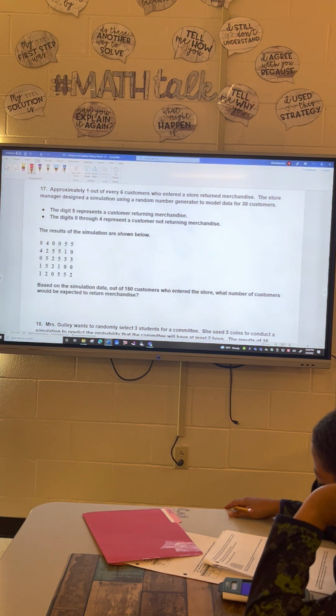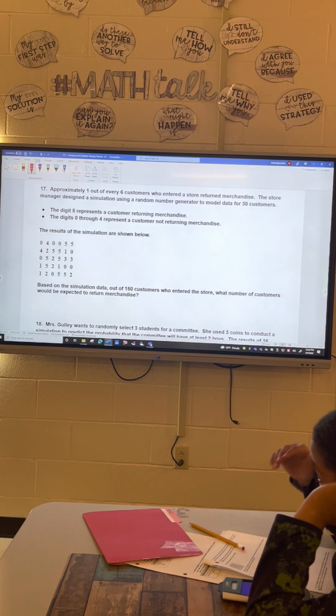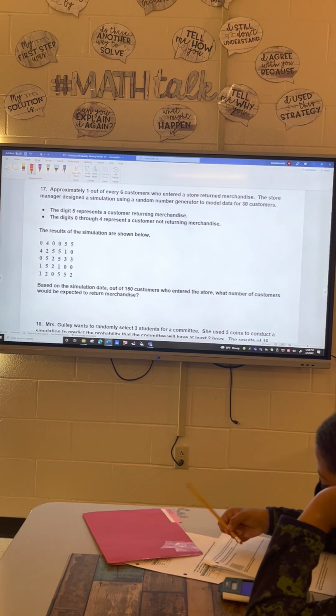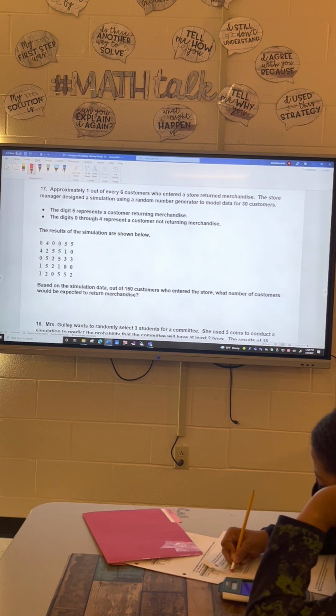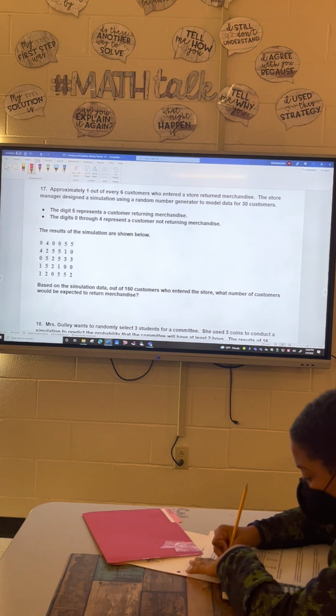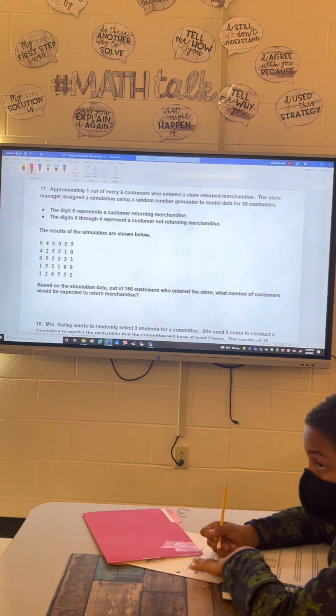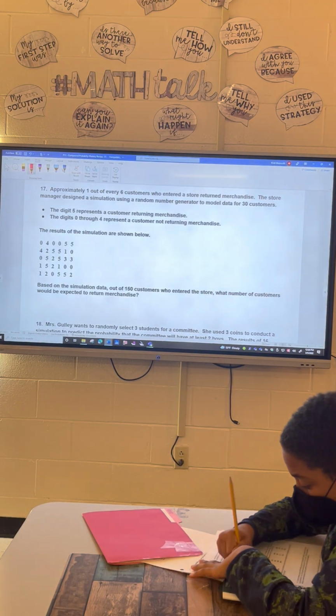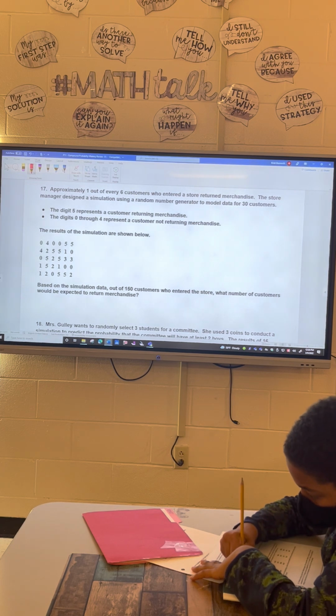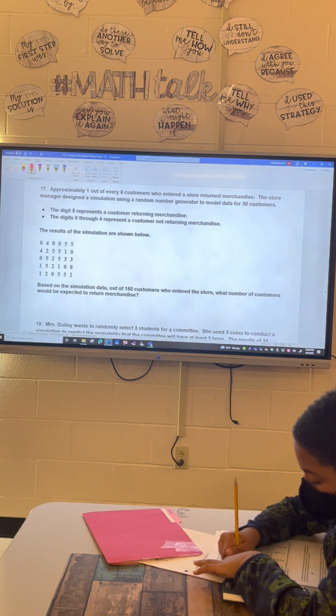So they did a random number generator and said, these are people. And they used the numbers, I guess 1 through 5. Every time the number 5 comes up, that is a person who's returning merchandise.